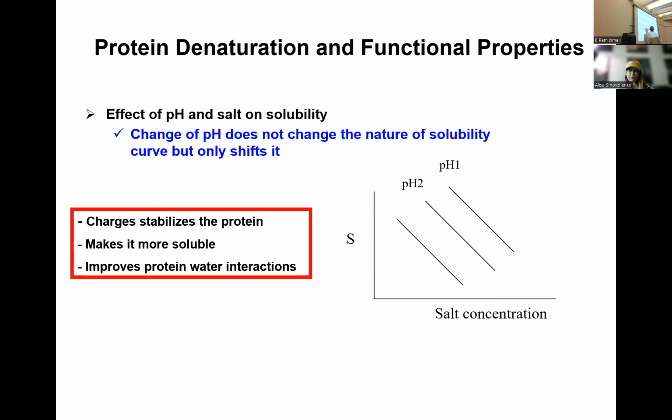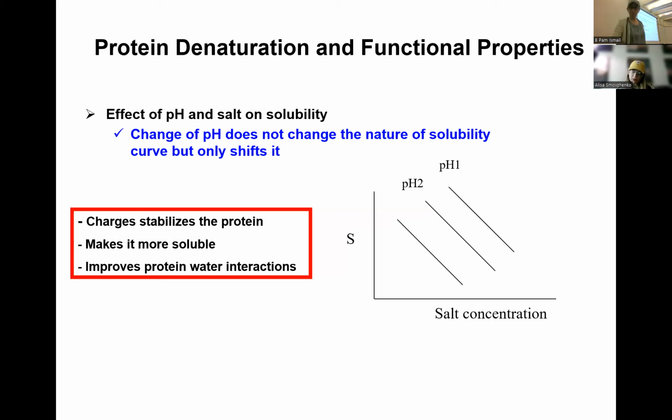And similarly, at the same pH, you have different solubility as you change the salt. That means that salt impacts the charge and pH impacts the charge. And when you have both of them at play, they're both going to affect your solubility. So depending on how much salt you have and how much shielding of the charge you have, you will have another impact if you also change the pH. So they're interrelated.